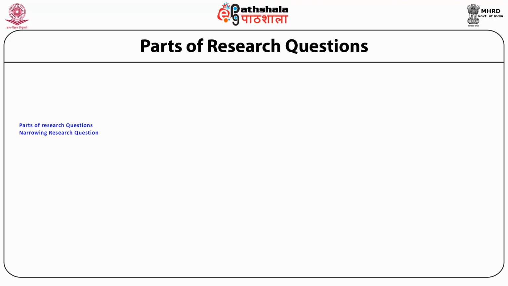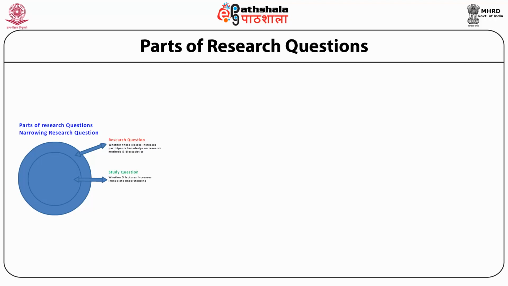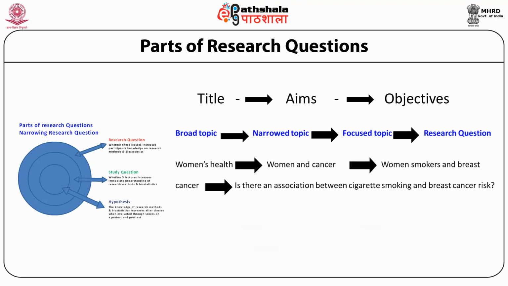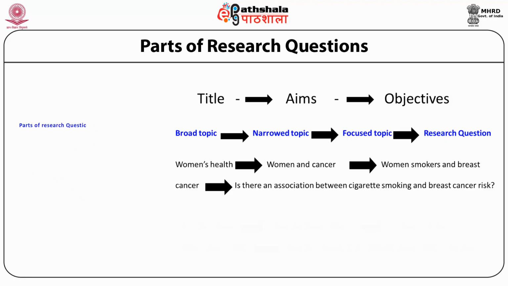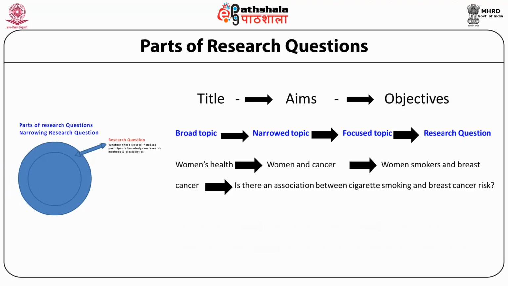Parts of the research question: first of all there is a broader one, then narrow down. Like this we can proceed narrowing the research. Example, title is the broadest, aims are further narrowed down, then objectives are the focused research questions. For example, women's health is a broader thing, women and cancer is narrowed down. That means from the health of women we have specified ourselves to the cancer of women only.